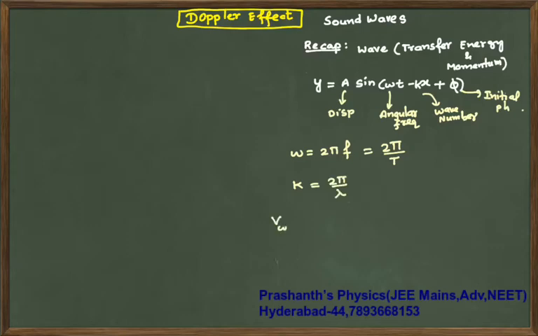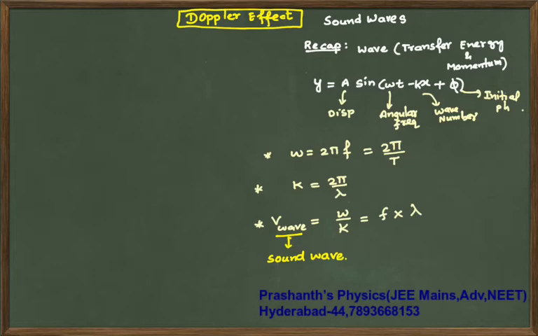Your velocity of wave is omega by k, which is also equal to frequency into wavelength. And your velocity of wave here is the sound wave.